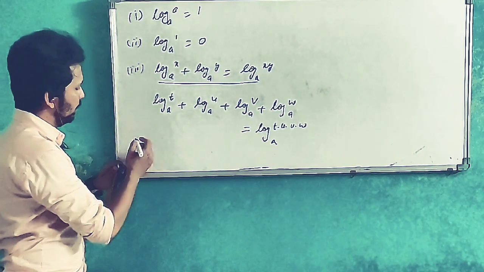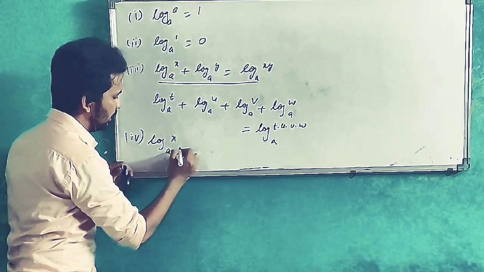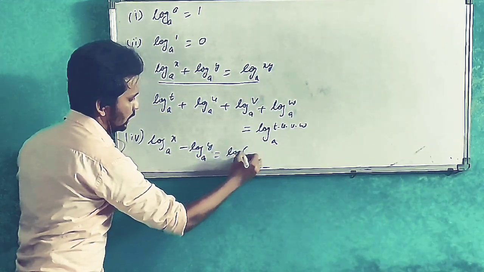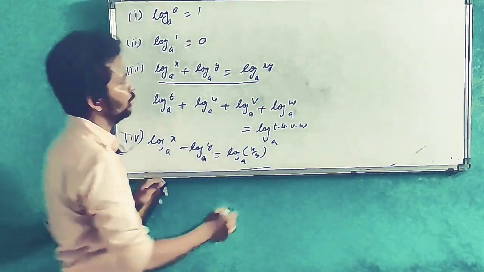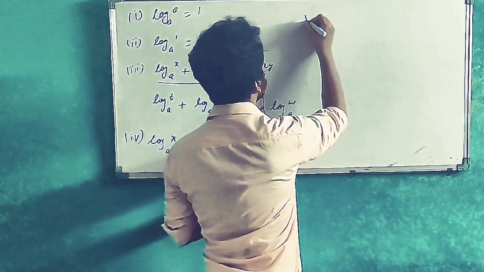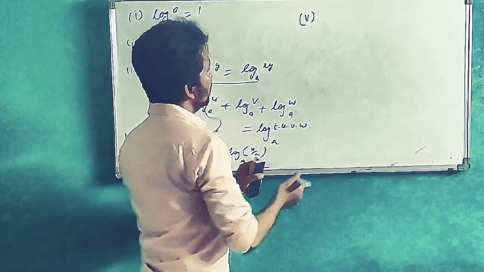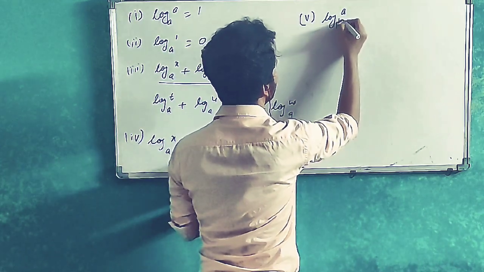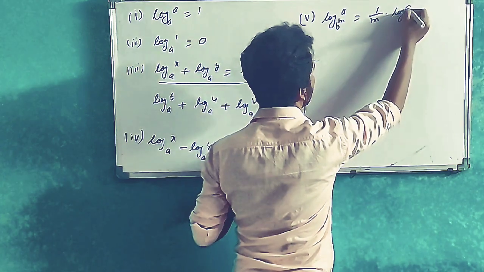And my fourth property was log x base a minus log y base a is equal to log x upon y base a. And the fifth property was log a base b raised to m is equal to 1 upon m log a base b.